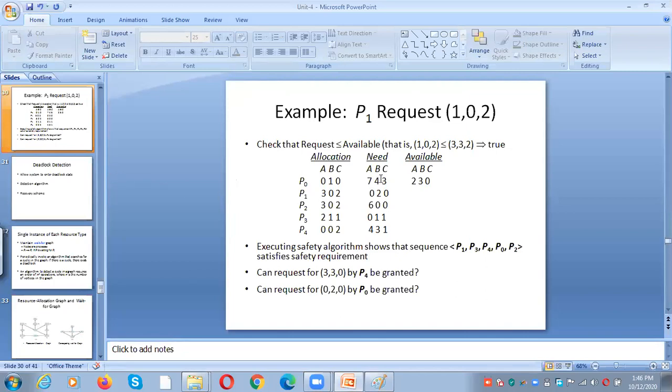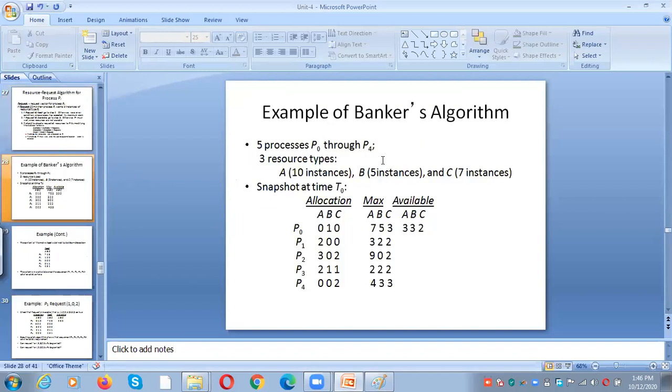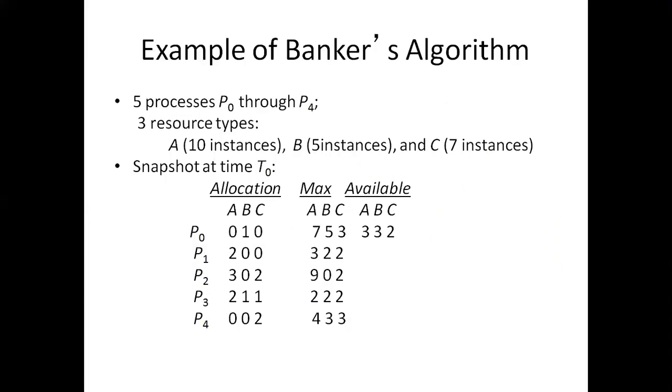If you observe here, in the previous example, what they had given was the max. There is a difference between these two problems. So this is the max, and already we have allocated 0 1 0. How much do you require? In order to get the need, you need to subtract allocation from max.